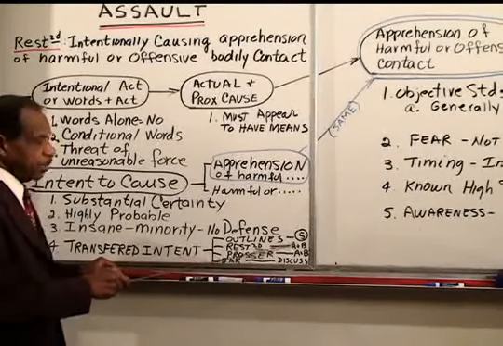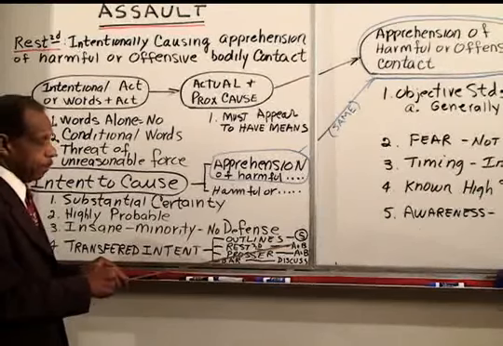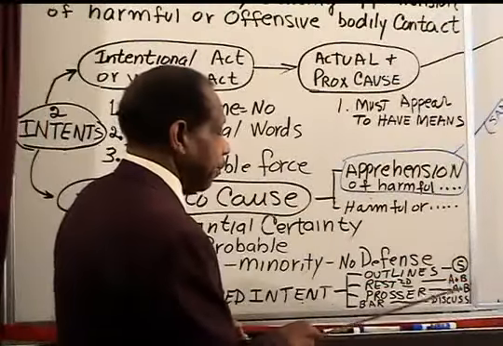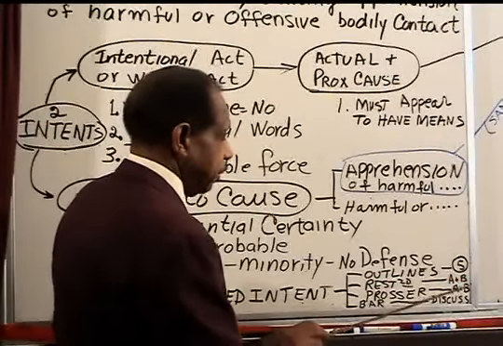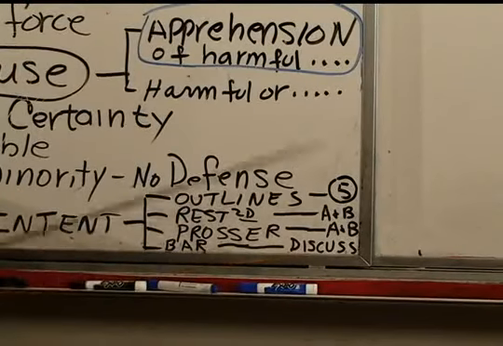The second restatement says you can transfer intent between assault and battery, but that's all. Prosser now says you can transfer between assault and battery, and he's not so sure about the others, what the policy ought to be about the others. And for bar purposes, you just discuss them all.